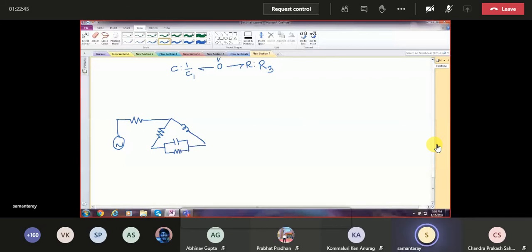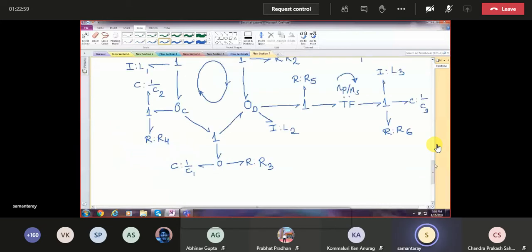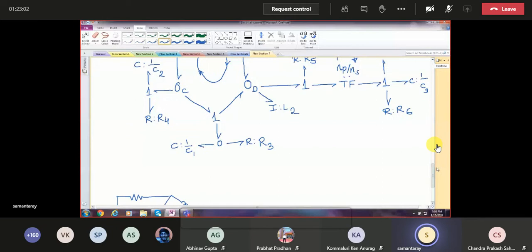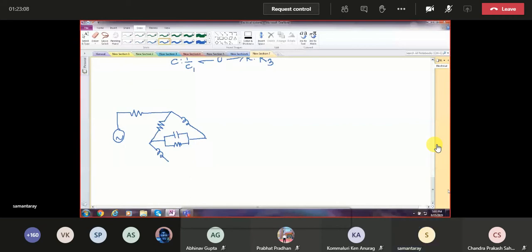And here, inductance. Resistance, capacitor, inductance here. There was resistance, capacitance, then inductance. This is what our circuit was.